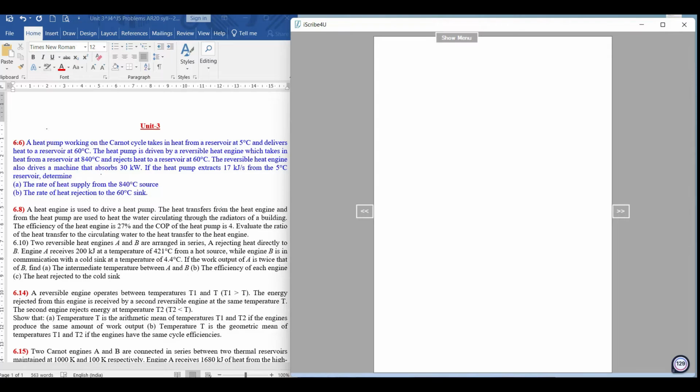Now we will discuss a few problems. The question number I gave here is the same as the question number in your textbook. The first problem is 6.6 of your textbook.